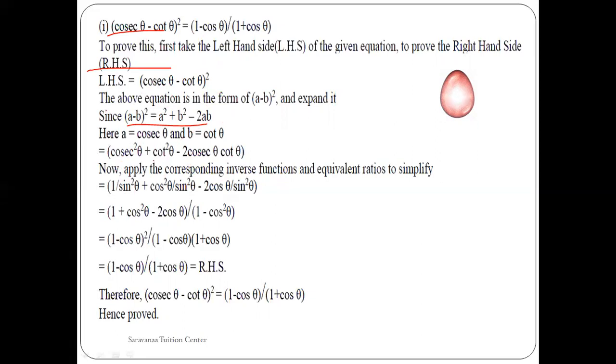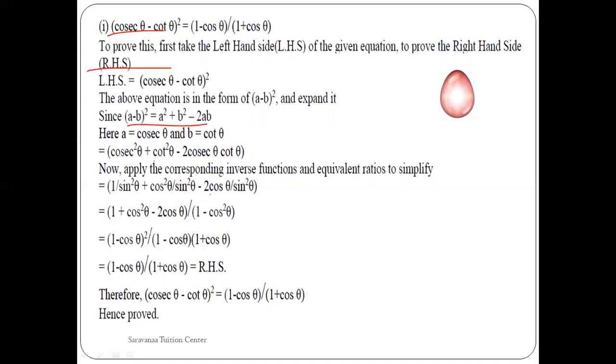Cot square is ulta of tan square, and tan square is sine square by cos square. So cot square will be cos square by sine square minus 2 into cosecant cot. Cosecant is 1 by sine. Cot is cos by sine. So sine gets multiplied and gives sine square. So now 1 plus cos square theta minus 2 cos theta by 1 minus cos square theta.